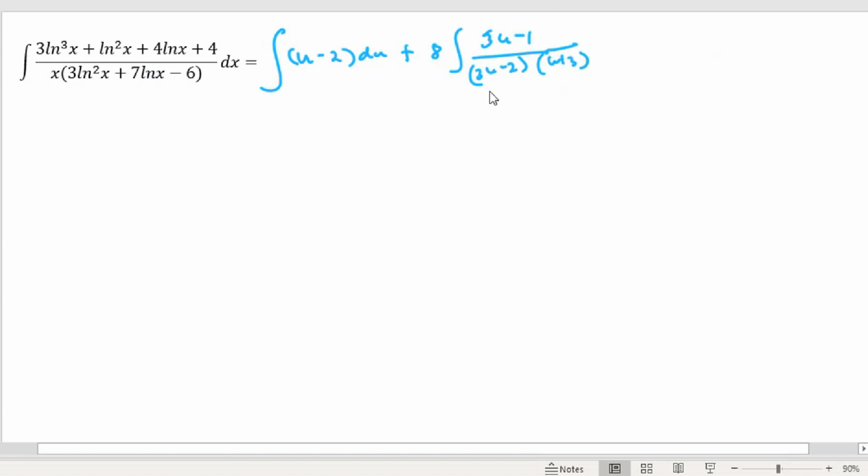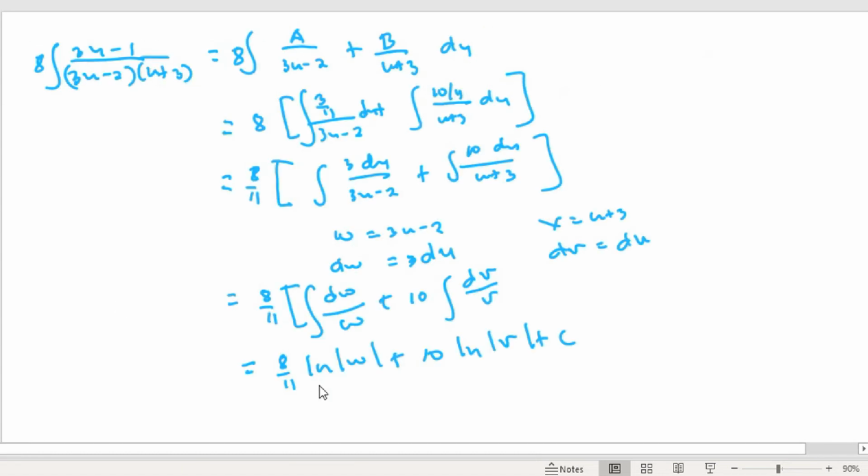On this second part, we solved it earlier, so I will just copy the answer. There must be a quantity of 8 over 11 times the quantity of 11 ln of w plus 10 ln of the absolute value of v plus a constant.